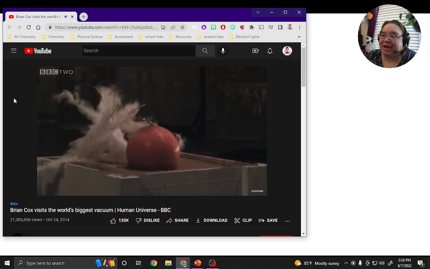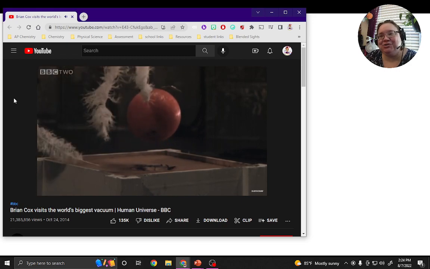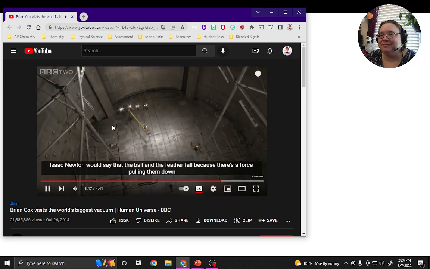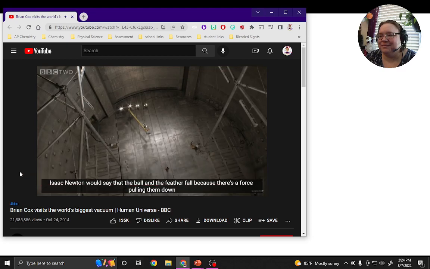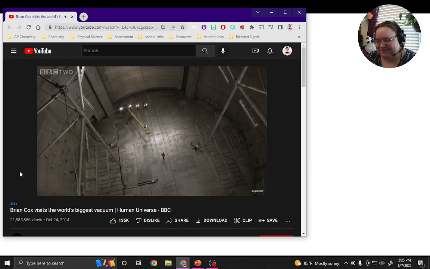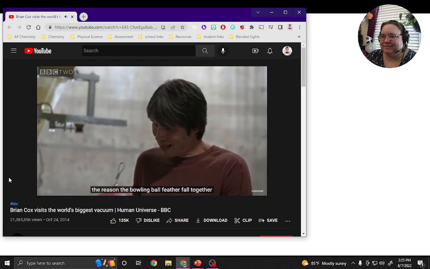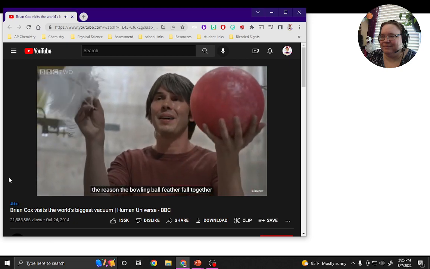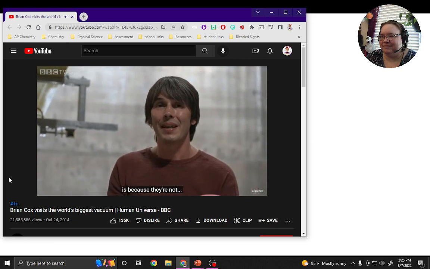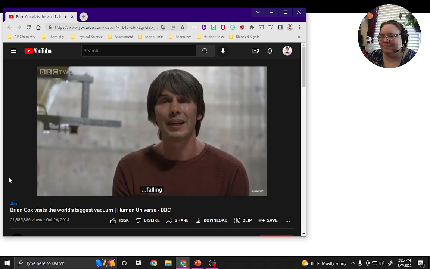So when there's no air resistance, nothing to oppose the motion of the objects, Isaac Newton would say that the ball and the feather fall because there's a force pulling them down. Gravity. But Einstein imagined the scene very differently. The happiest thought of his life was this. The reason the bowling ball and the feather fall together is because they're not falling.